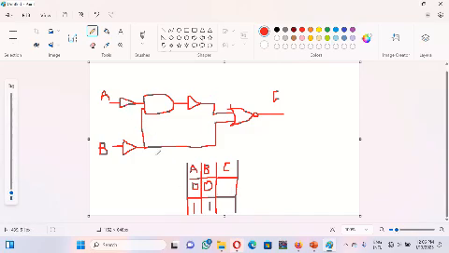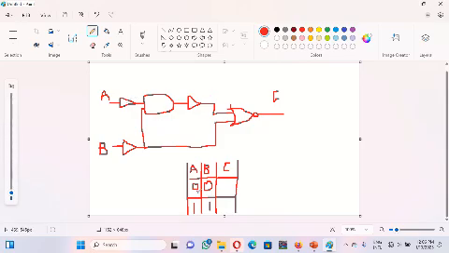Now let's start from the first set. If A is 0, I would have 0 here, but this is a NOT gate. So over here you have to apply the laws or the principles of each of the gates that we learned, so that you get your final result.